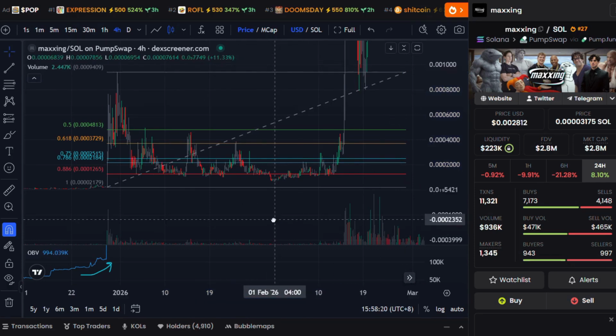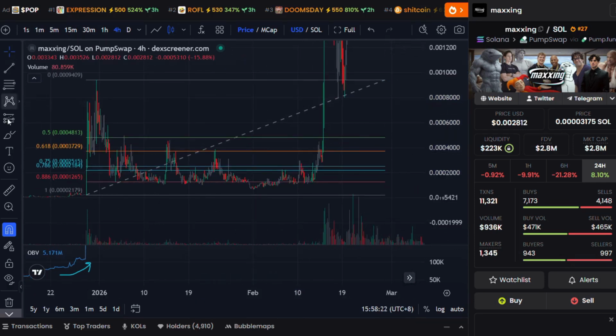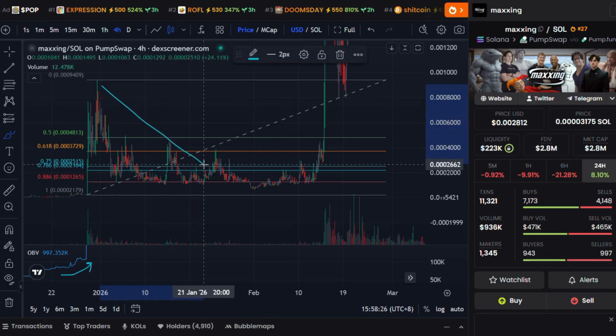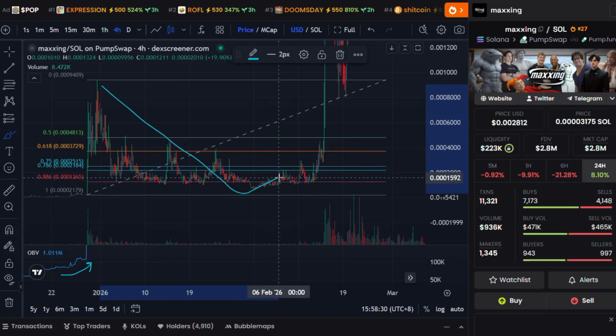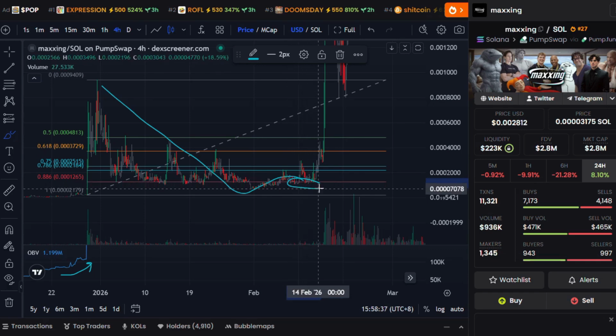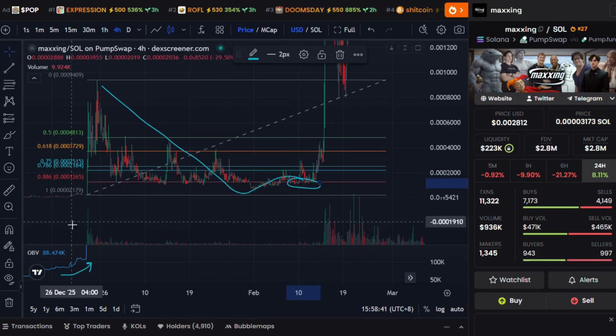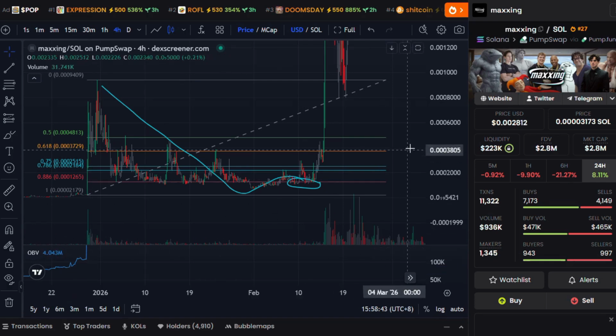But instead of continuing lower, something important begins to happen. Price suddenly reclaims the 0.886 level, and not only does it break back above the level, it begins holding support on top of it. This behaviour is what we call a reclaim. A reclaim tells us that the market has rejected the breakdown.